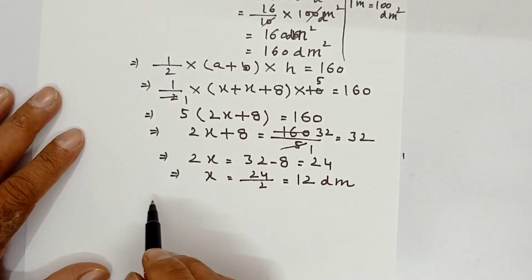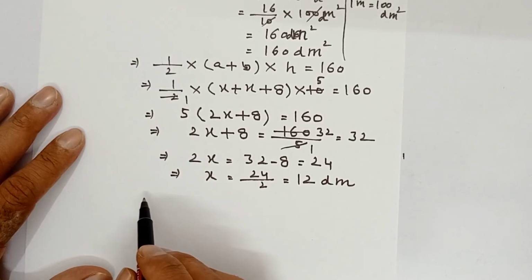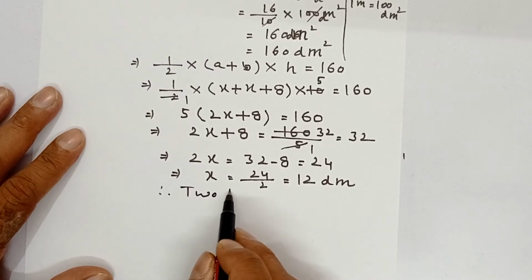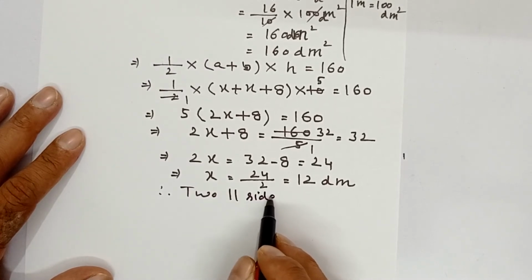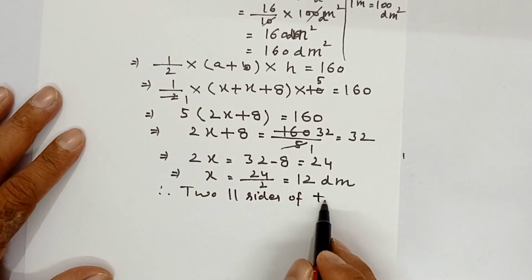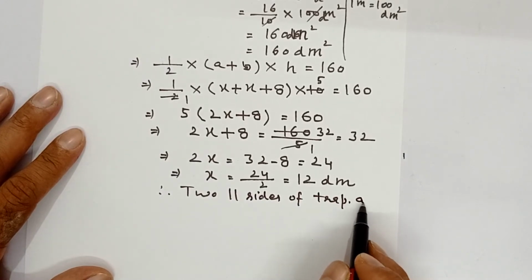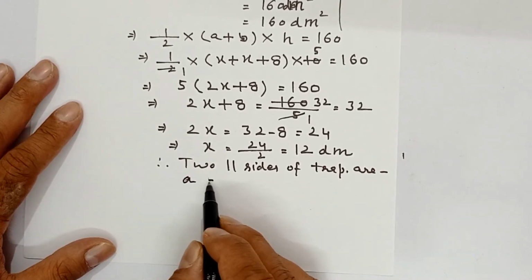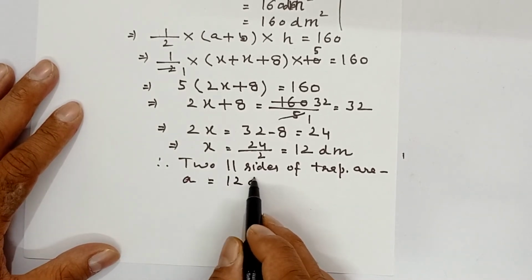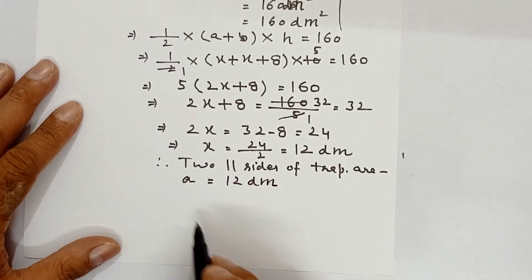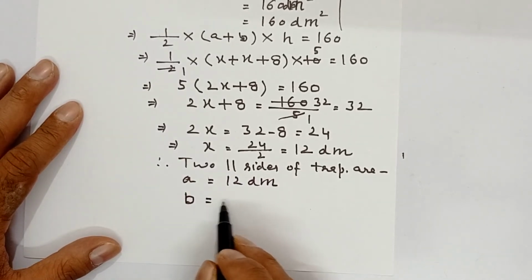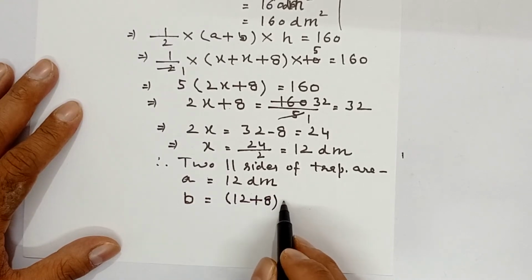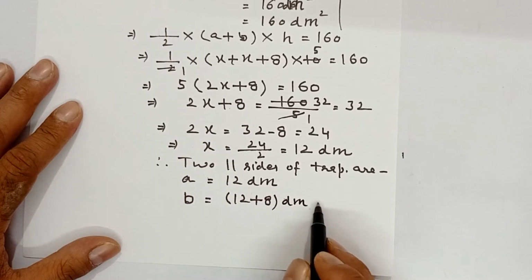Now in the question it is asked to find the two parallel sides of the trapezium. Therefore, the two parallel sides of the trapezium are: one side a, which we have assumed x, that will be 12 decimeter, and small b is equal to x plus 8, 12 plus 8, that is 20 decimeter.